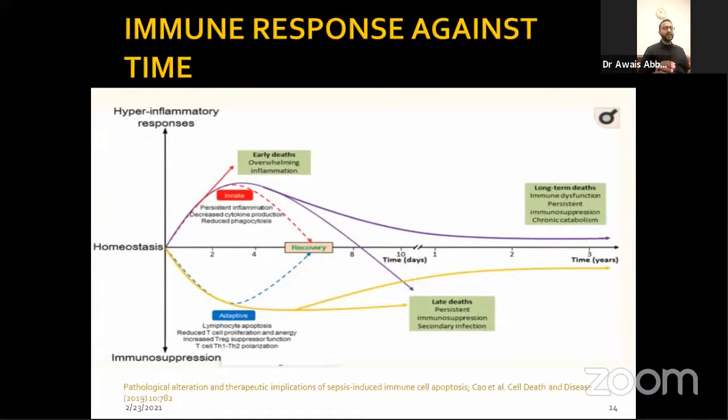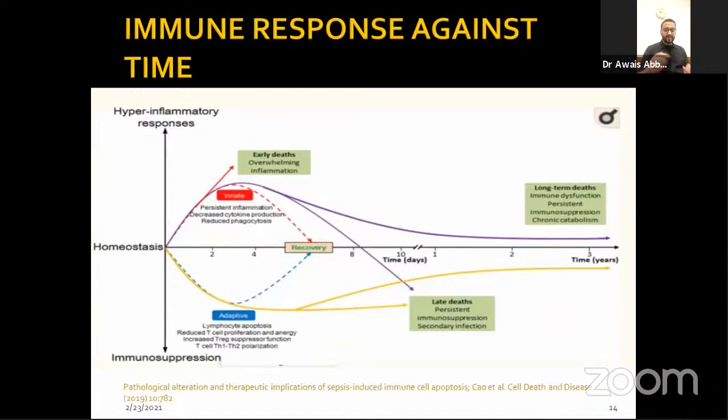So we can divide patients into two subsets. A subset of patients that goes into the hyperinflammatory response category, going above the central line, and a subset of patients who land up in the lower aspect of this figure, the immunosuppressed type.